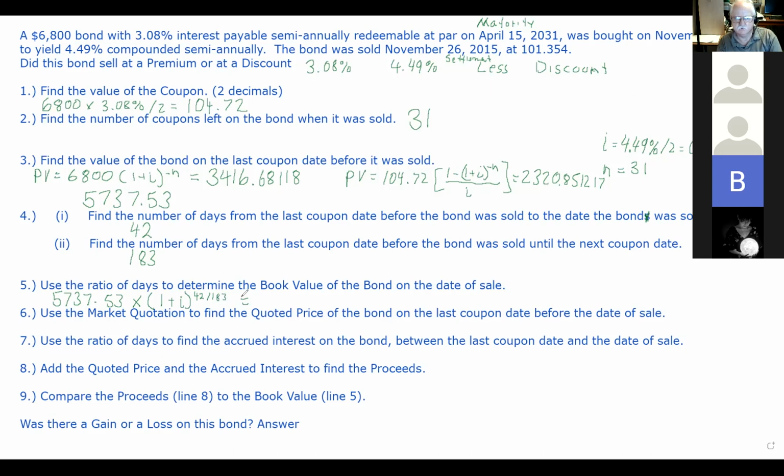So we're using the market rate. Oh, is that correct?